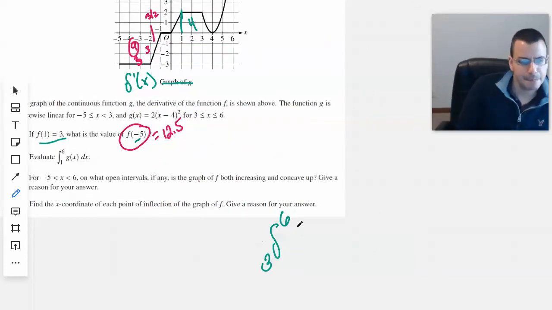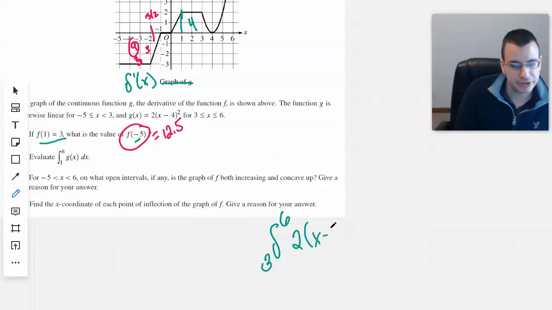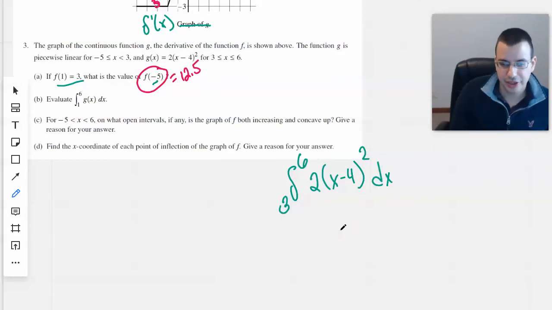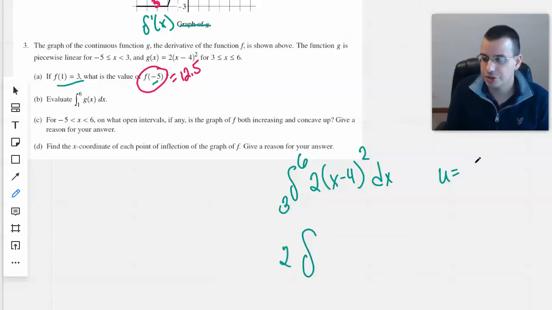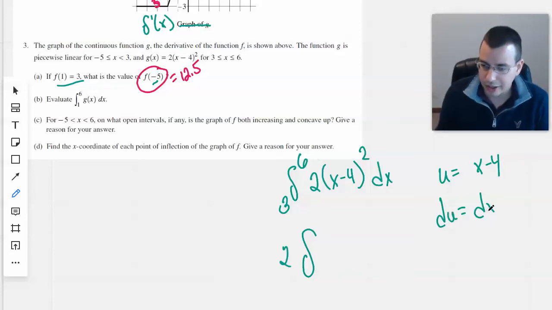Okay. Focus. So we have the integral from 3 to 6 of 2x minus 4 squared dx. We'll move the 2 to the outside. I'm going to do a u-substitution here. Most of you are probably smart enough to see where this is going. I am not.